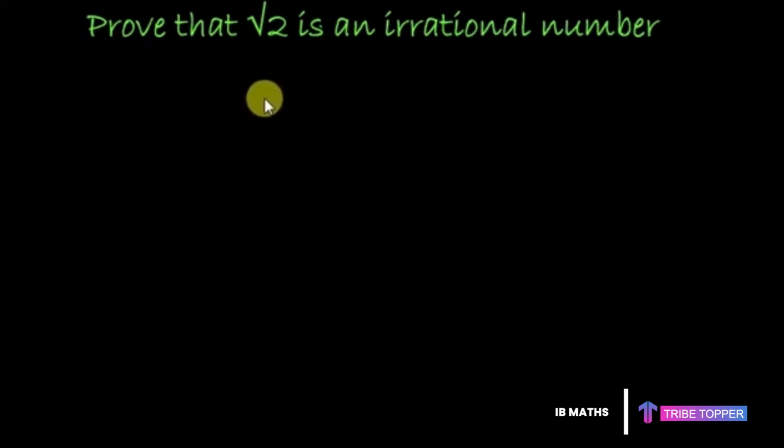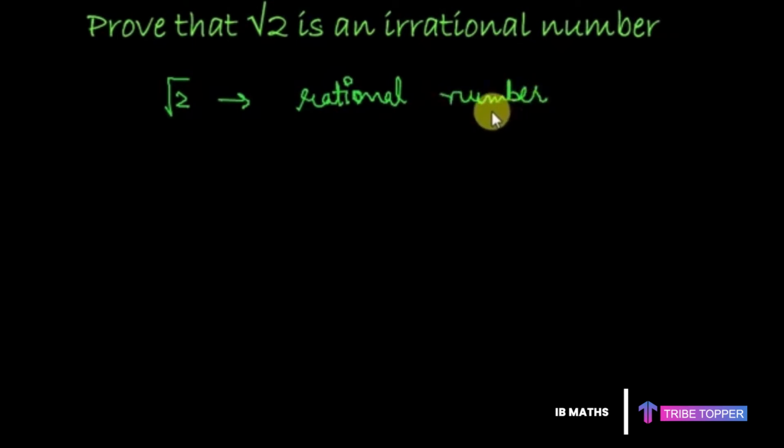Your most important question is, prove that square root 2 is an irrational number. Since the question demands that we prove that square root 2 is an irrational number, we start with a hypothesis: let us assume that square root 2 is a rational number. We start with the opposite of what we want.